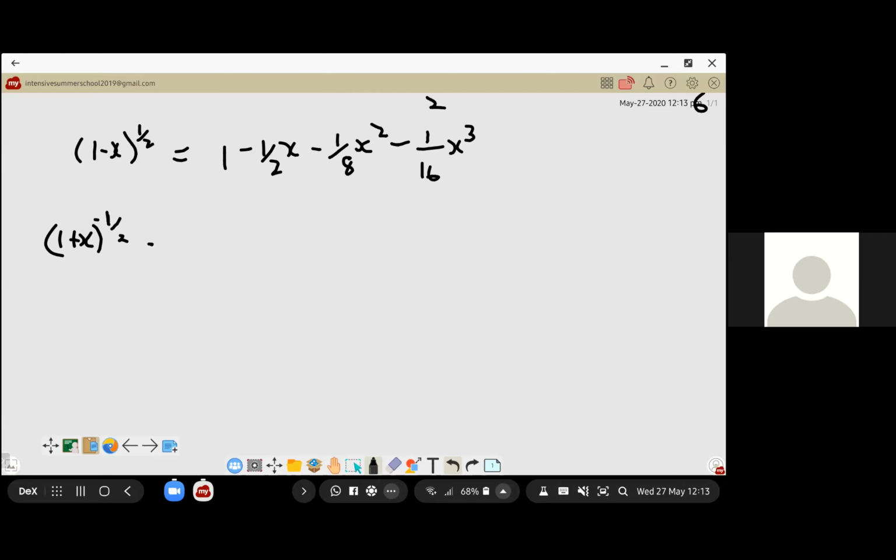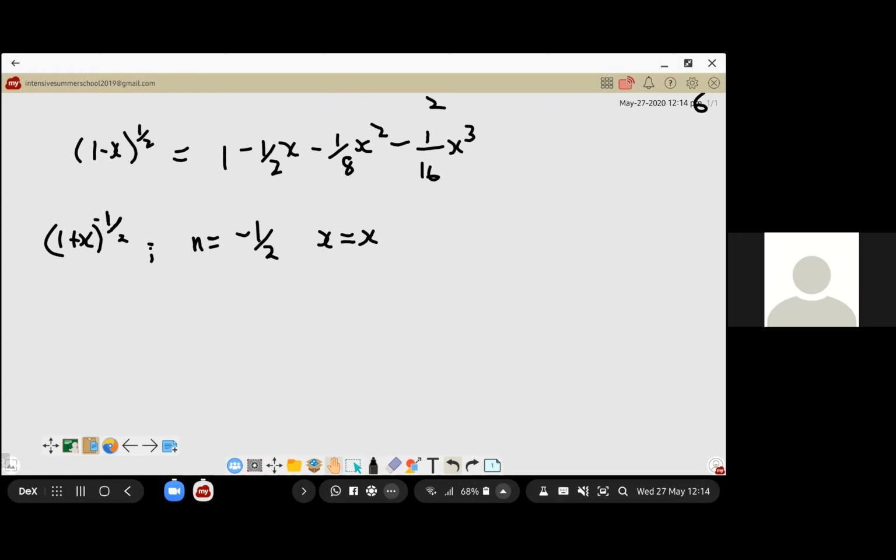For this one, what's our n? What is our n? Negative half. And then what is our x? This one you don't even need to write your x because your x is the same as x.